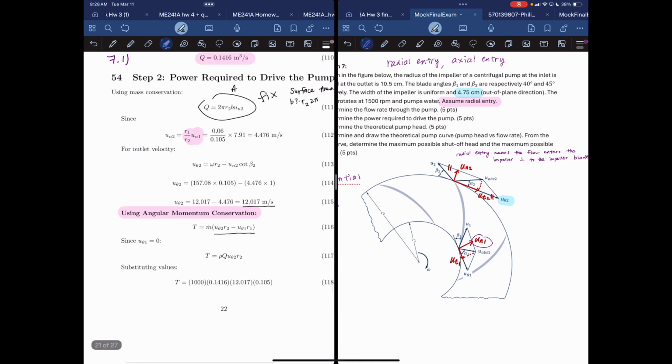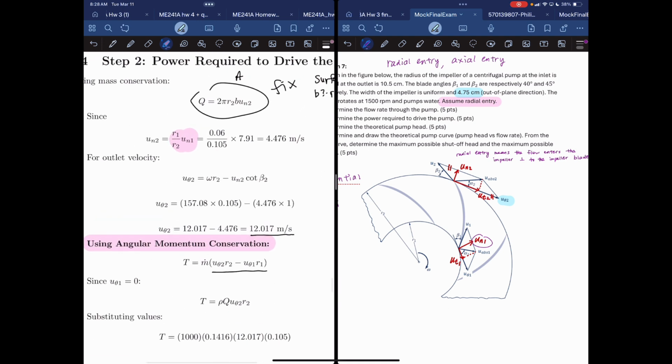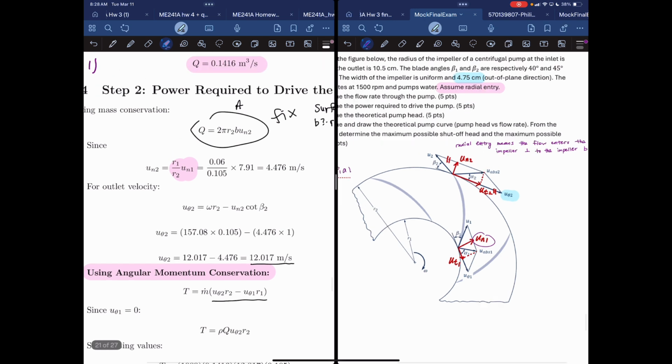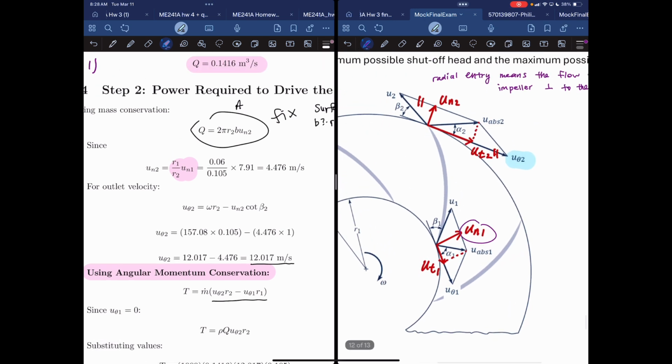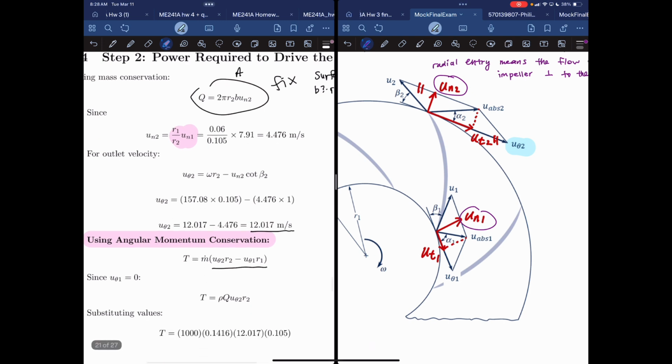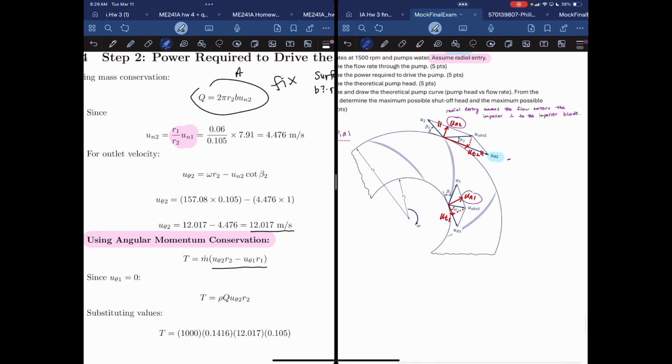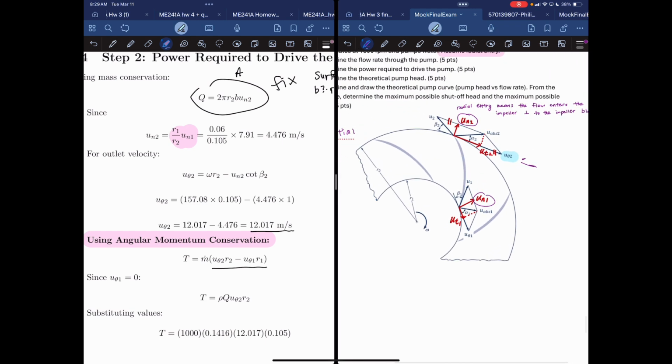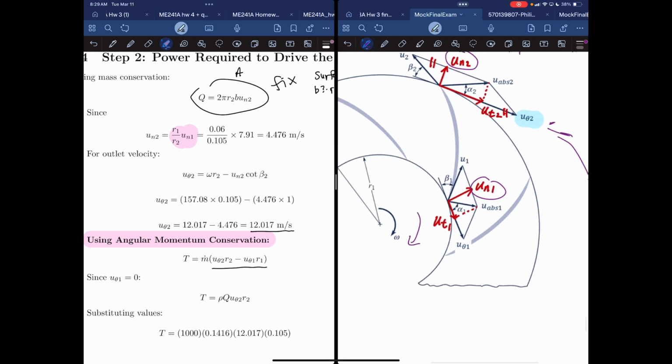Yeah, so that's why we're looking at both normals, and we need to account for both of them when we're finding theta 2, which is right here. Okay, because it's driving, and omega is going like this.